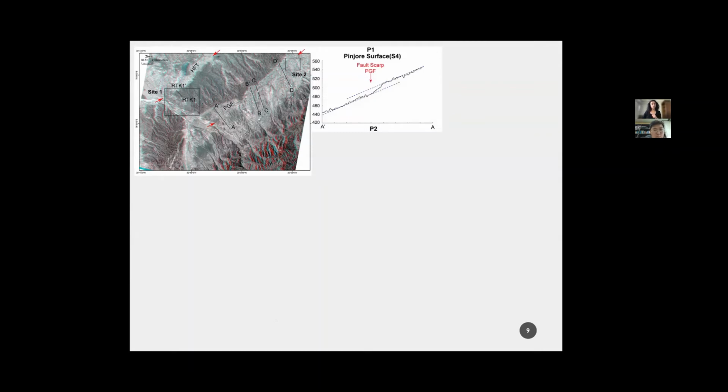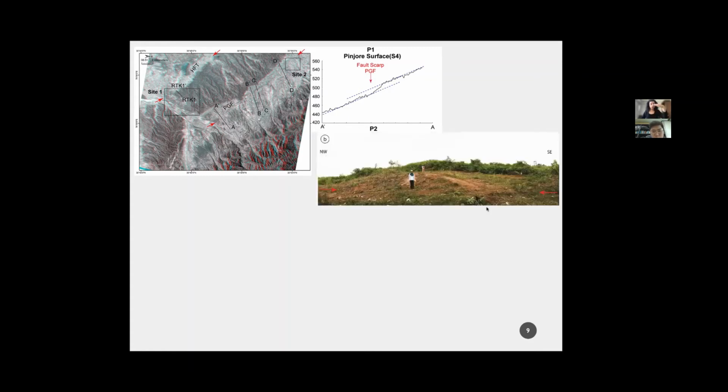From that DEM, we extracted several elevation profiles. Here you can see a very beautiful step in the topographic profile. We identified this as a fault scarp, and then we went to the field and saw that there is a step in the field as well.